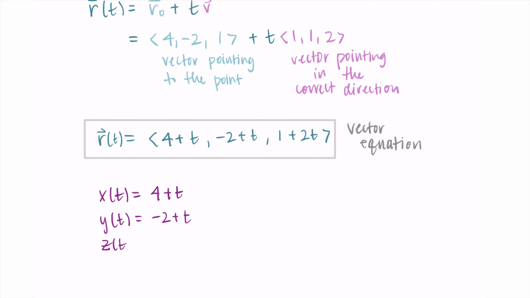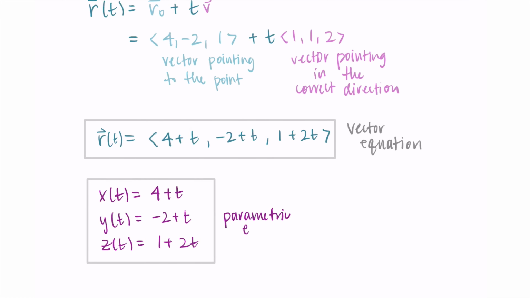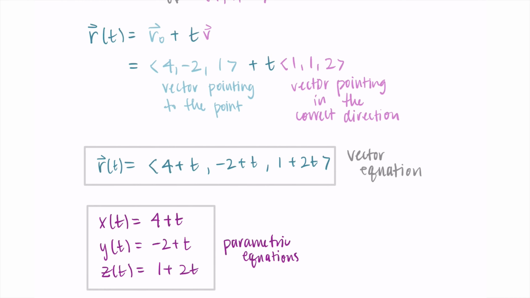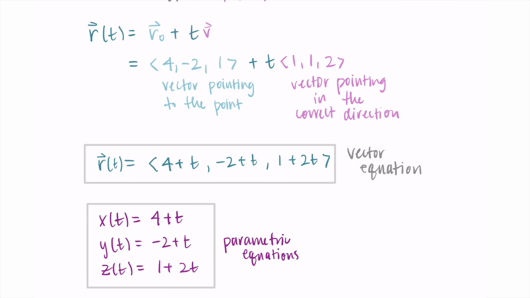And z of t is the z component, which is 1 plus 2t. And together, these are our parametric equations for the line. So I'll label those parametric equations. Okay, so those are the equations for this line. We were given a point and a direction, and this is what we got.